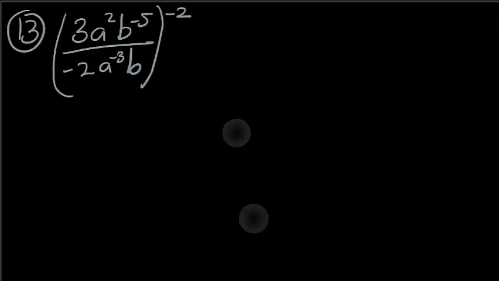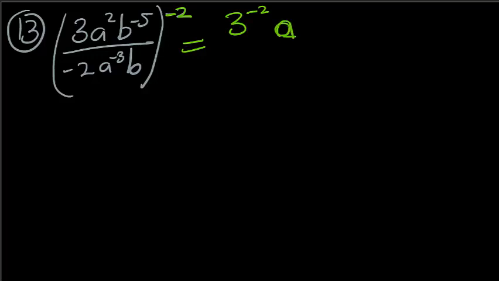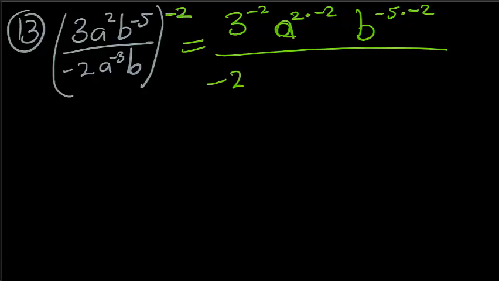Question 13, we are going to deal with this minus 2 on the outside first. So let's multiply that in. I've got 3 to the power minus 2, a^(2 times minus 2), b^(minus 5 times minus 2), over minus 2 to the power of minus 2.